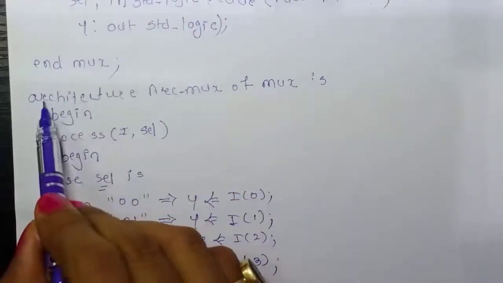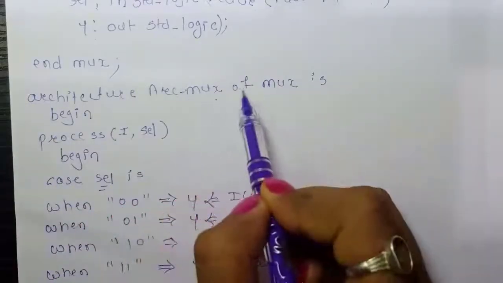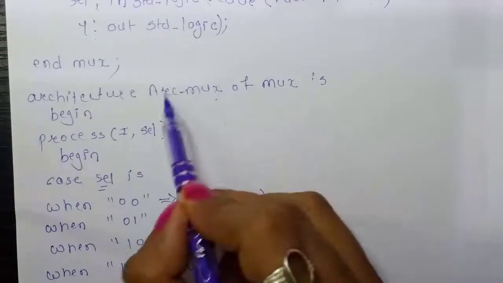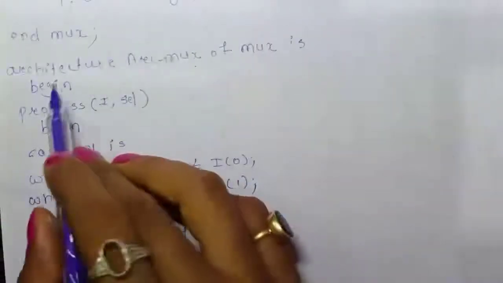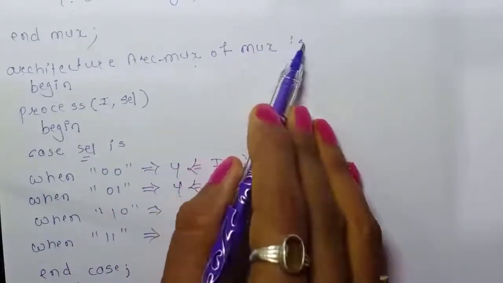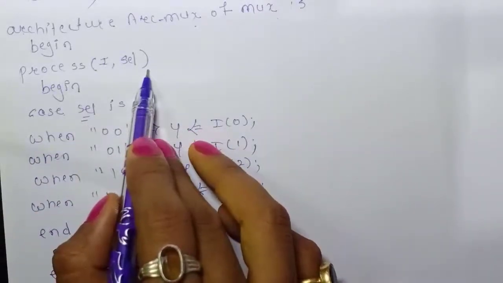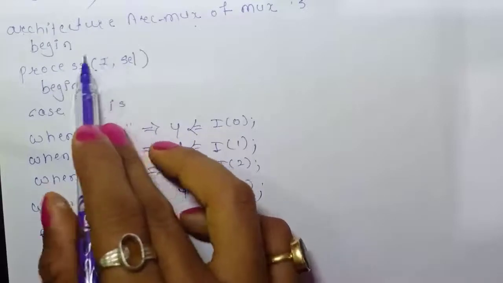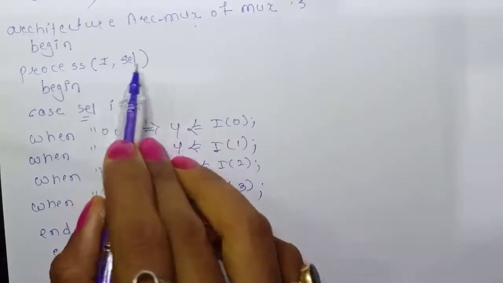Then we have to write architecture. Architecture followed by the name of architecture of multiplexer, because this architecture belongs to this entity. So architecture, name of architecture of name of entity is. Begin. Process. In process we have to write all our changing inputs. So we have 4 input data lines, that is I0, I1, I2 and I3.